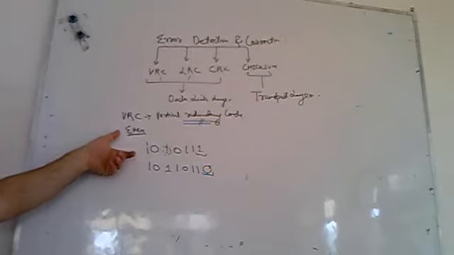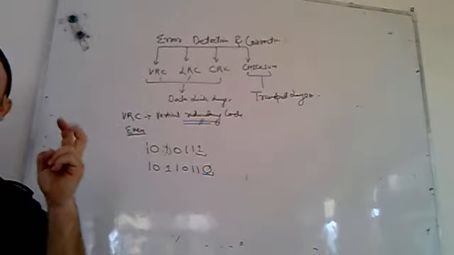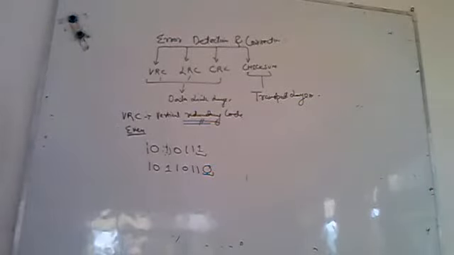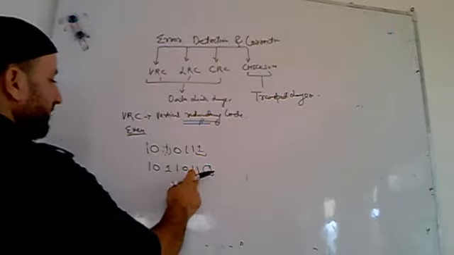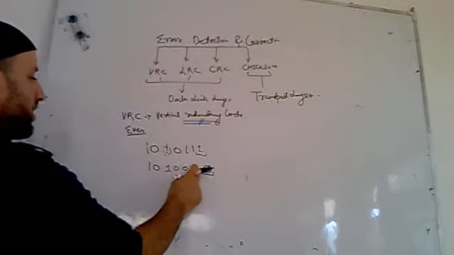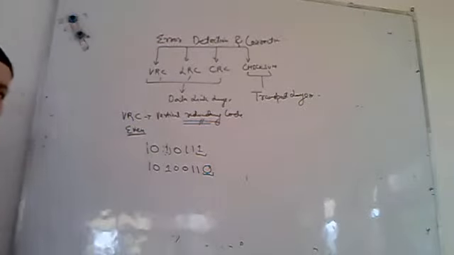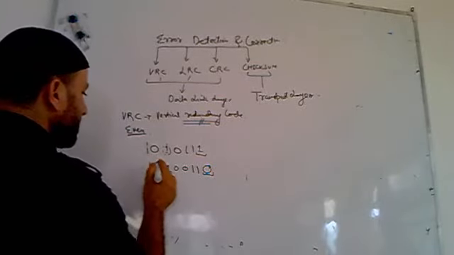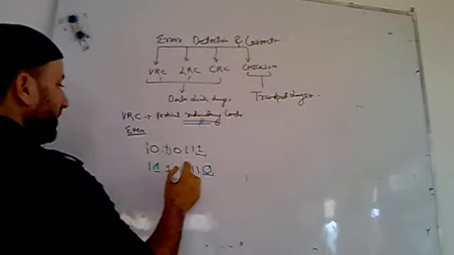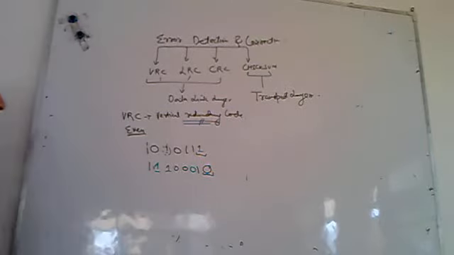Now, if we have 2 bits in error, for example, this was even parity. 1, 2, this was 0, 1, 2, 3 and 4. So this is even and we added parity 0. Now 2 bits are in error, for example. This bit gets in error, it becomes 1, and this gets in error, it becomes 0. 2 bits in error.